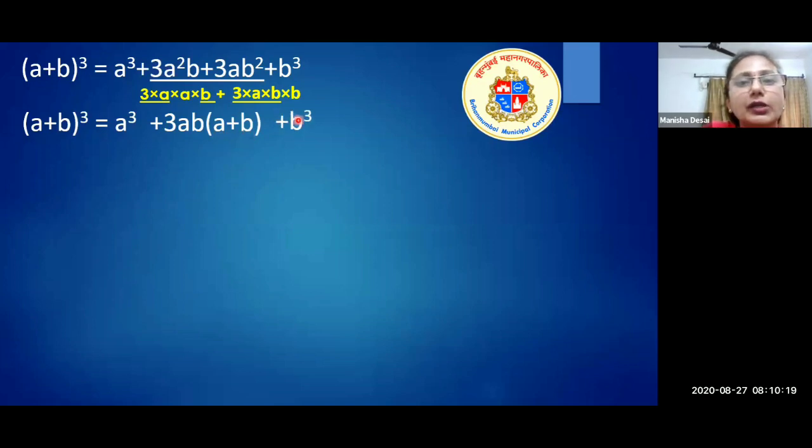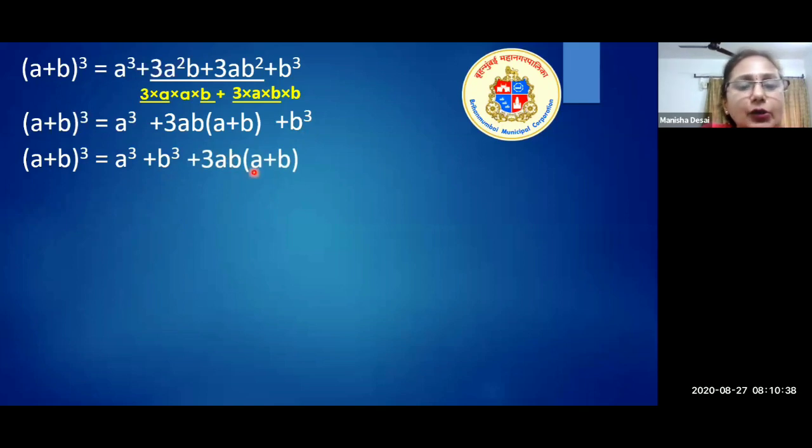Plus b cube will remain as it is. Now we shift the places and write a cube plus b cube first, and then plus 3ab into bracket a plus b.